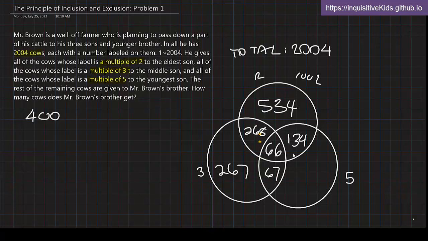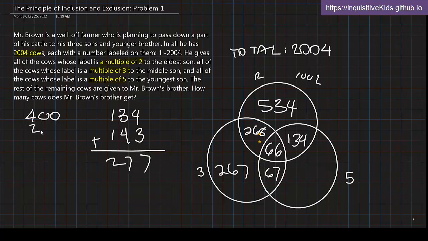So 66 plus 67 is 143, I'm sorry. Now you add these two, and you get 277. So subtract 277 from 400, and you get 123. So over here, this is 123.